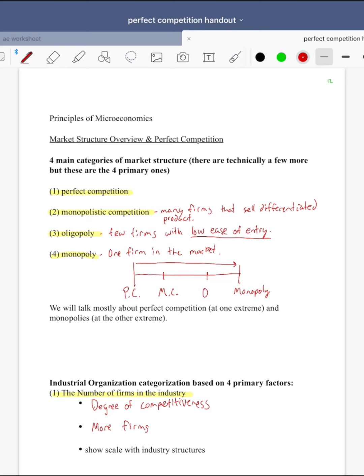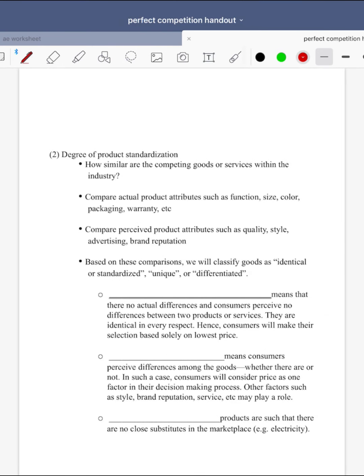Typically, the more firms that are operating in the industry, the more competition, so more competitive. That's why perfect competition is the most competitive market structure, and monopolies, with only one firm in the market, are the least competitive market structure.